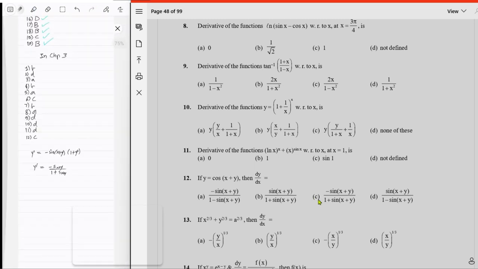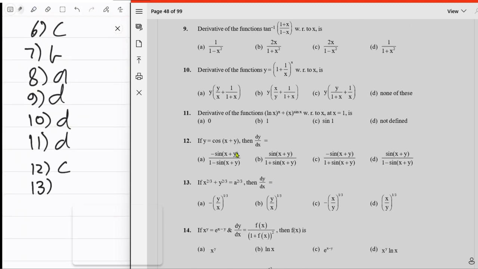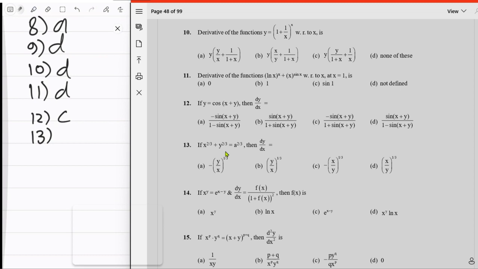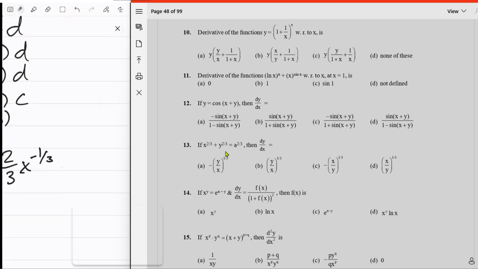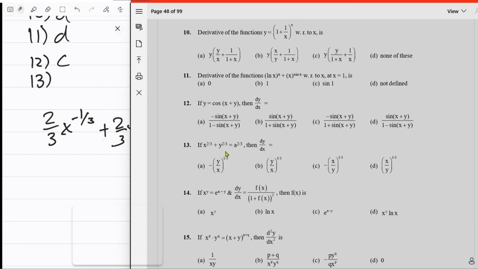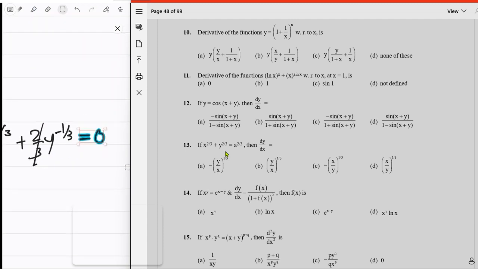Next question, 13th. 13th is if x power 2/3 plus y power 2/3 equal to a power 2/3, then dy upon dx is, okay, so 2/3, and then you got x power negative 1/3 plus 2/3 y power negative 1/3 y dash is equal to 0.